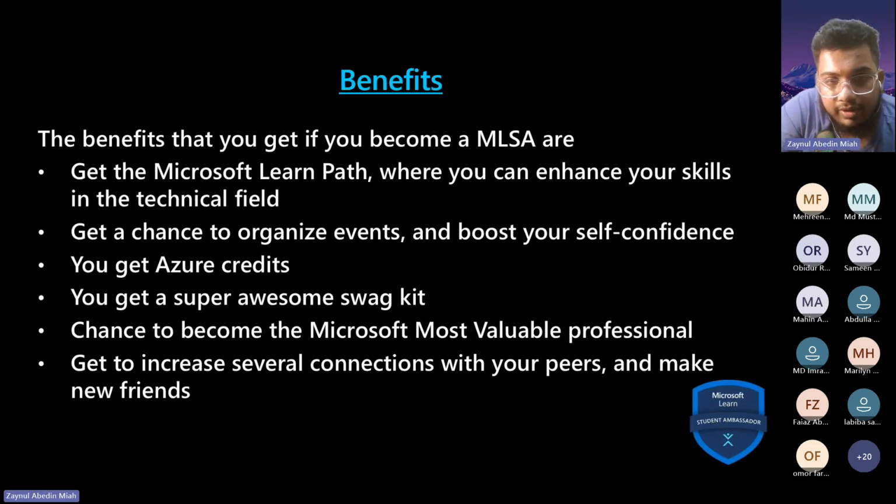Then I have also talked about the benefits. This we have talked about. Then you also get the super awesome swag kit. They have a beta swag kit which provides a t-shirt; certificates have been removed because they take so much time to process. You get the swag kit delivered straight to your home.